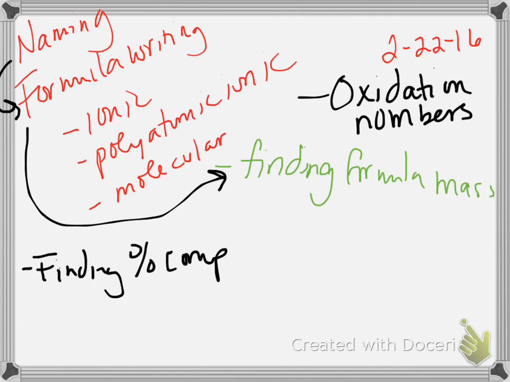If I give you a name and I ask you to find the percent comp, you're actually practicing formula writing and finding formula mass and finding percent comp. So these are things that do all build on one another. And that little challenge lab that you guys did on Friday builds on all of this in a different way. It builds up to our next skill.